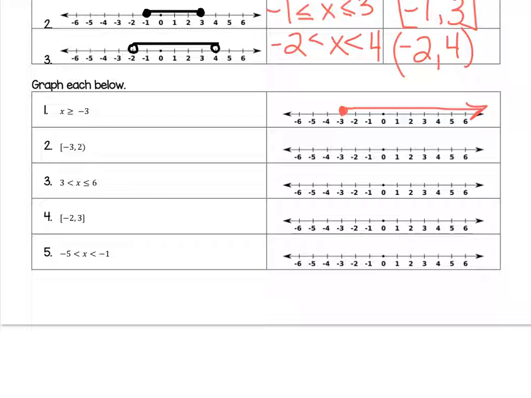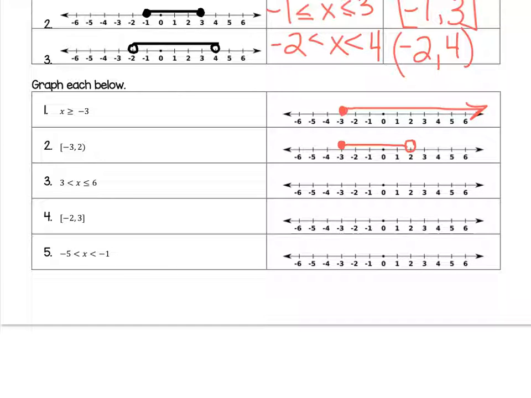Number 2 says -3 is included, so that means we are going to use a filled in point, but 2 is not. So we're going to have an open point at 2. So -3 filled in all the way to 2. What it will look like is just shaded in between.